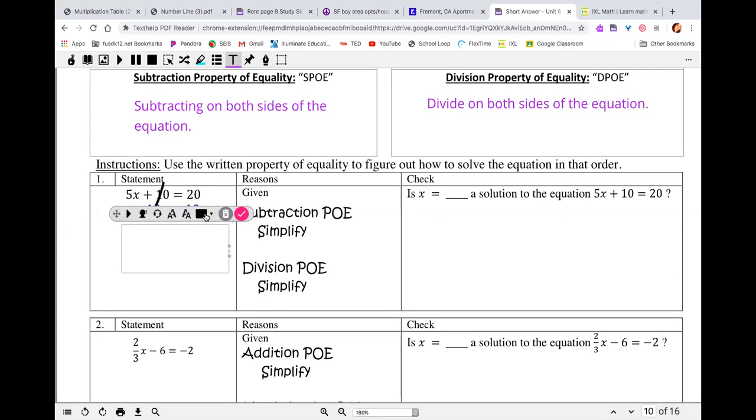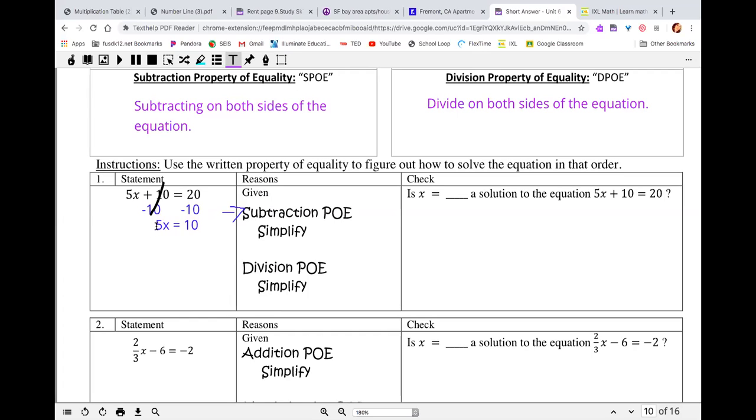Writing what that is. 5x equals, and 20 minus 10, yeah, minus 10 is 10. Line that up. Now I have 5x equals 10.